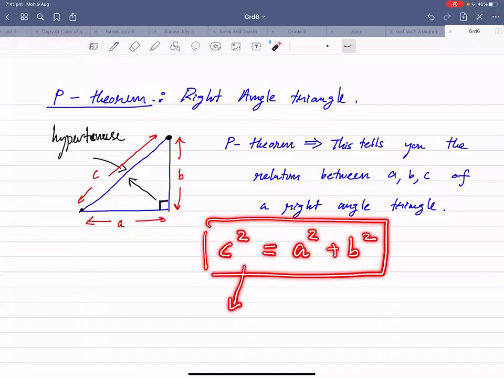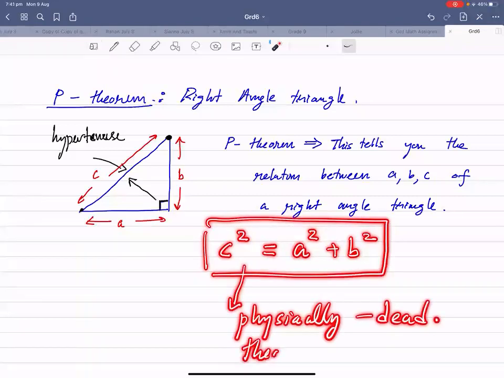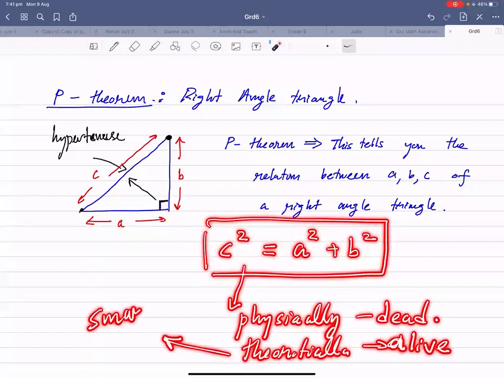So the Pythagoras guy, the scientist, is physically dead, but theoretically alive. These people are called smart people, because they found something so that the next generation can work on.